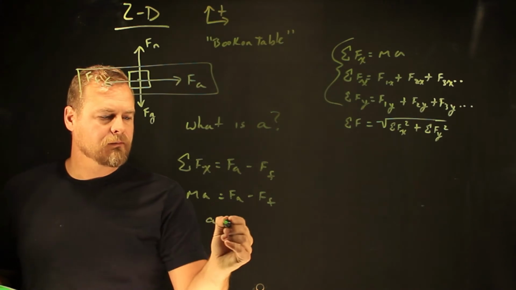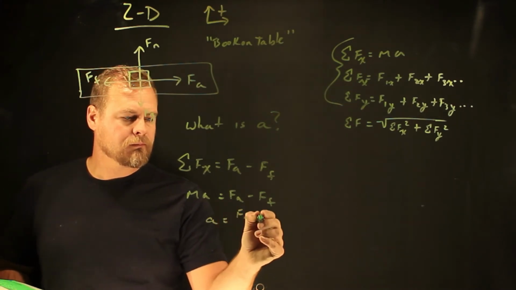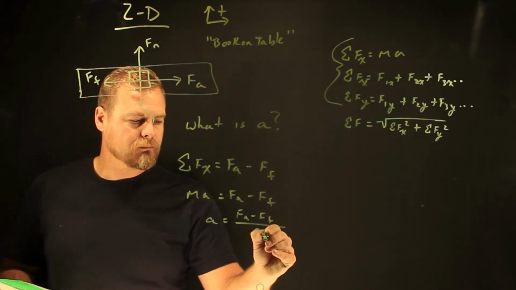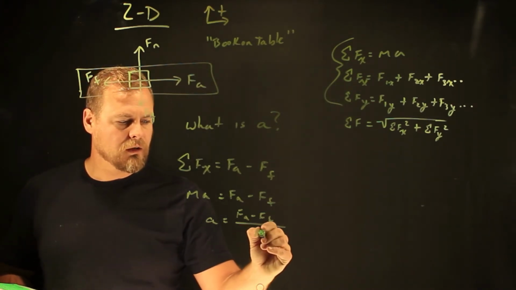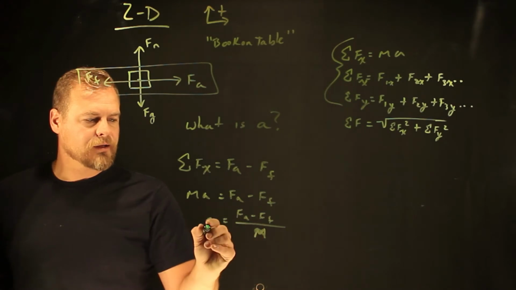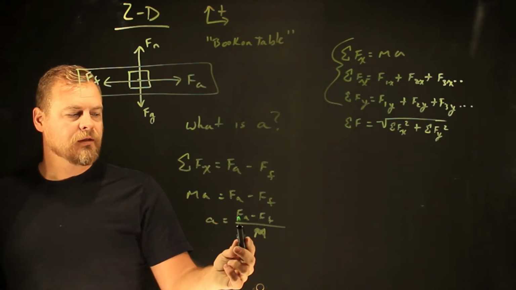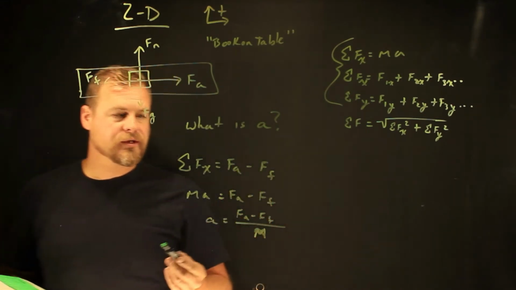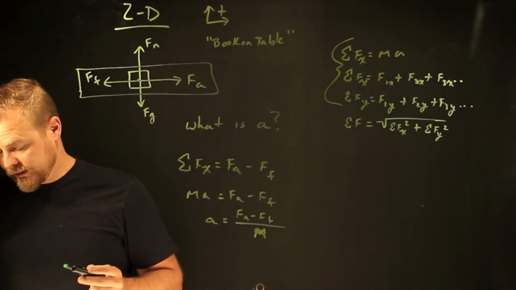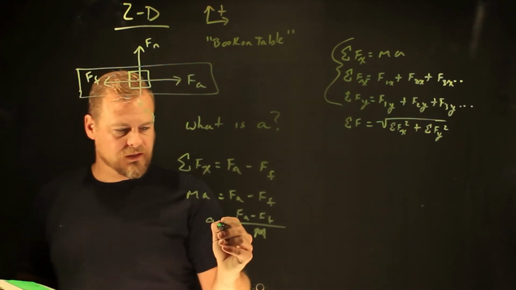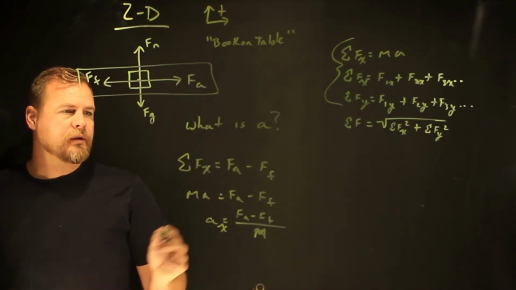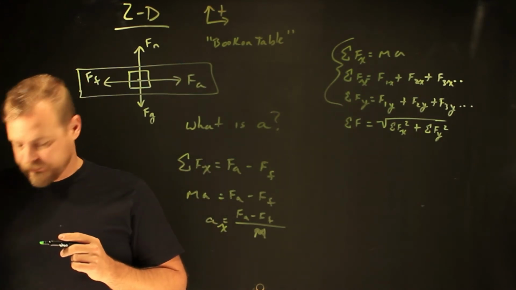And when I divide over, I can talk about acceleration in terms of the net forces divided by the mass, just like we were previously, but now I've got some actual numbers that I could plug into there. And so this would be the acceleration in the x dimension, and it would be able to answer this question once I plugged in some numbers.